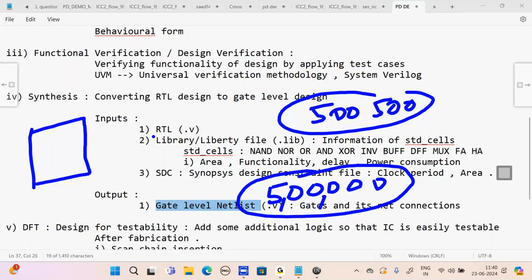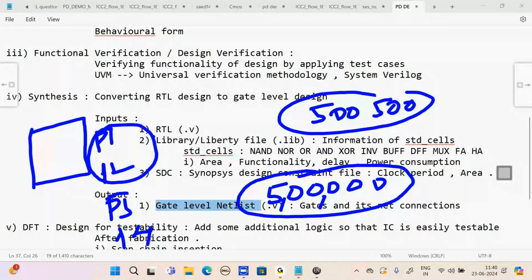So this type of thing happens 4 times. First phase, second phase, third phase, phase 4. 4 phases will be there. So the first 2 phases are just a trial run. Third phase, or some industries will freeze at the third phase. Some industries will go for the fourth phase also. It depends upon RTL.